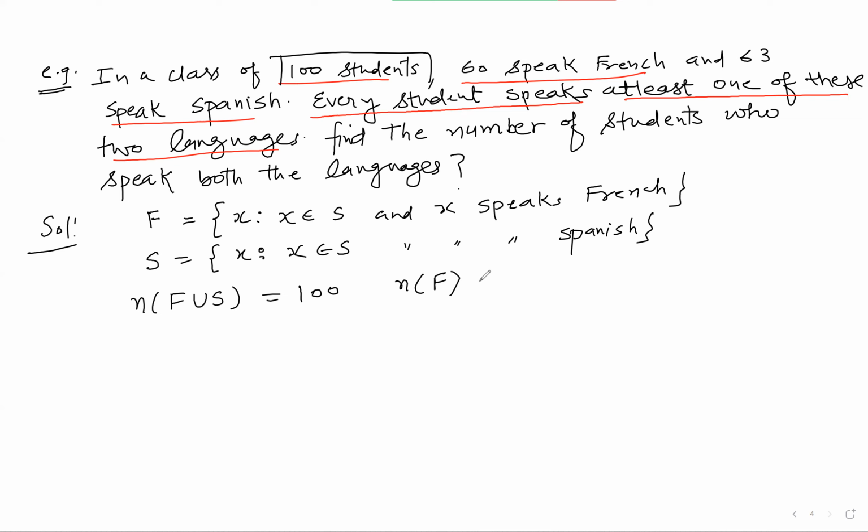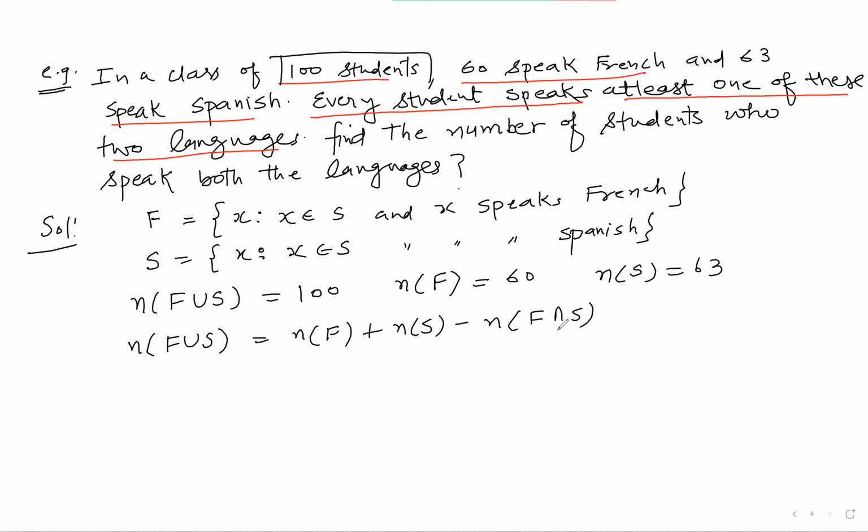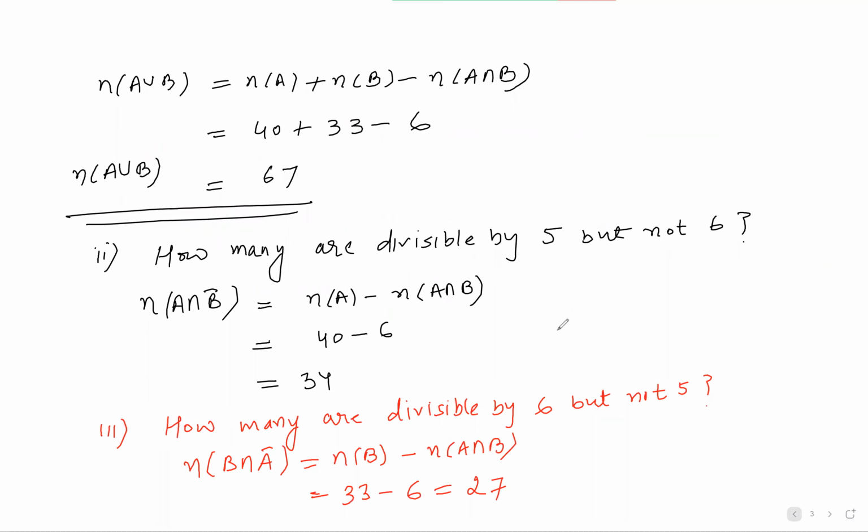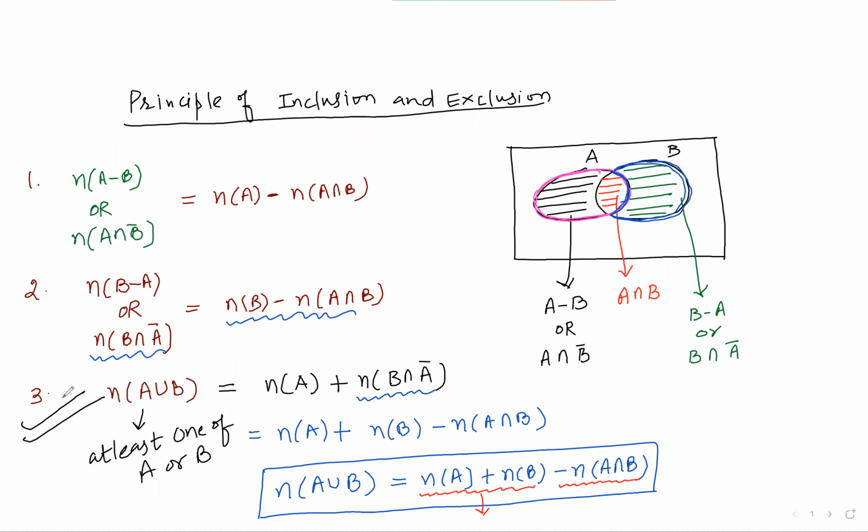The 60 are there who speak French. 63 are there who speak Spanish. Now we know that numbers in F union S is numbers in F plus numbers in S minus numbers in F intersection S. This is the same formula of the principle of inclusion and exclusion, which we already have done.